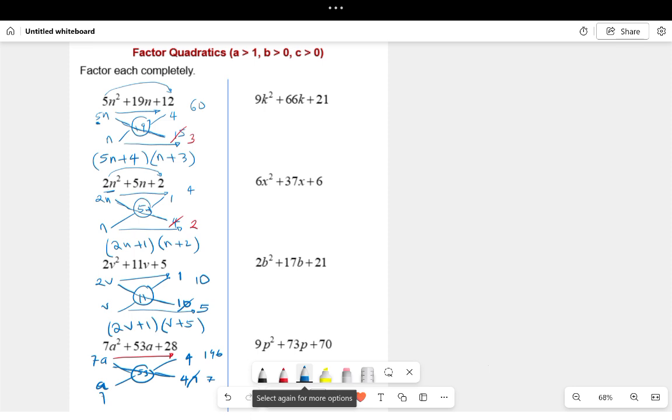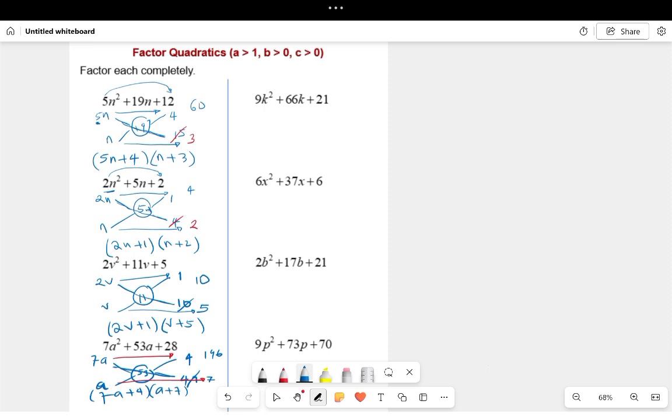So it's going to be 7a plus 4 into brackets. Then a and that's 7. So a plus 7. That's all quickly. All right, now our next question, very easy.